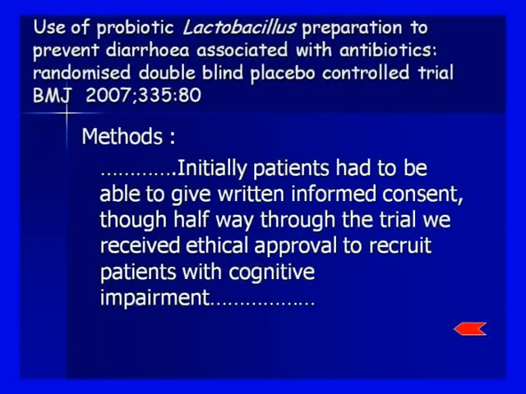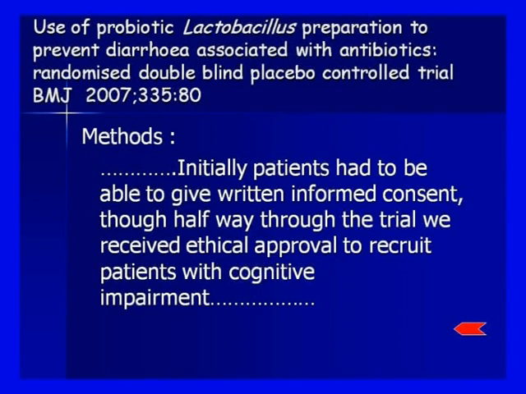Here I would like to show you something. Under methods they have said that initially patients had to be able to give written informed consent. That means they got ethics committee permission, and the ethics committee said they have to get written informed consent from the patient, though halfway through the trial they received ethical approval to recruit patients with cognitive impairment.